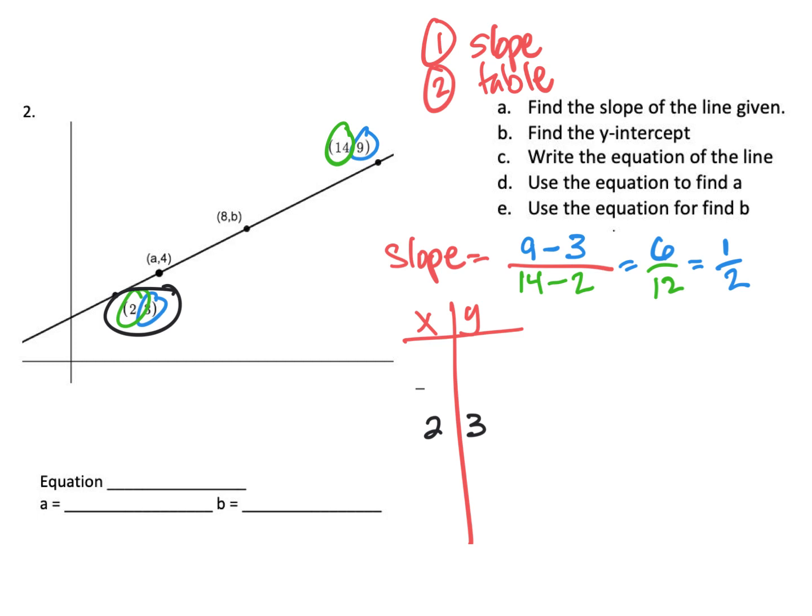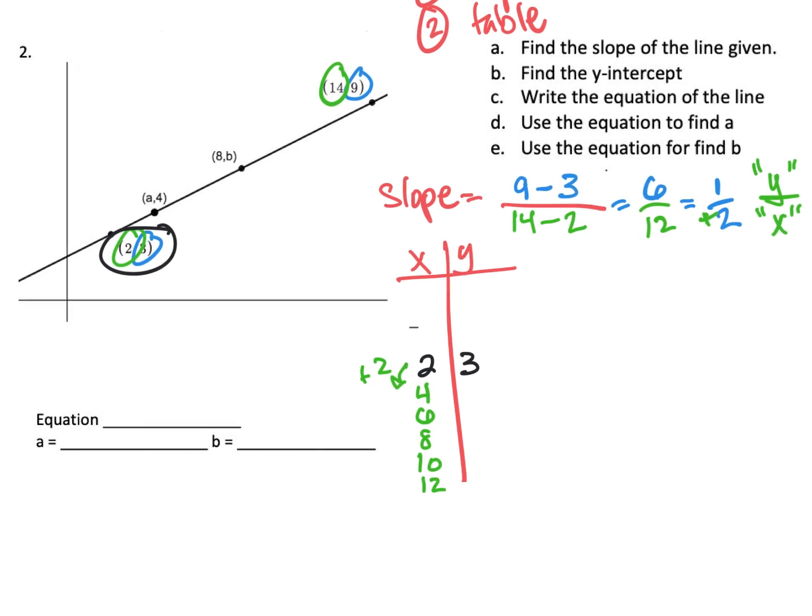So remember, it is change of y over change of x. And our x is changed by 2. So that means we're going to add 2 going down. So 2 plus 2 is 4. 4 plus 2 is 6. 6 plus 2 is 8. 8 plus 2 is 10. 10 plus 2 is 12. And then 12 plus 2 is 14.